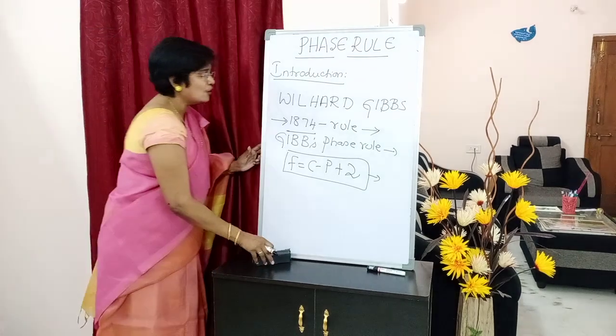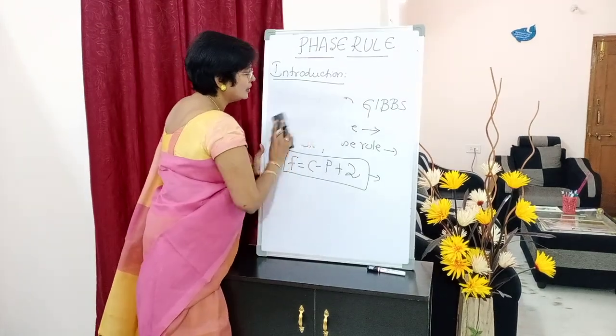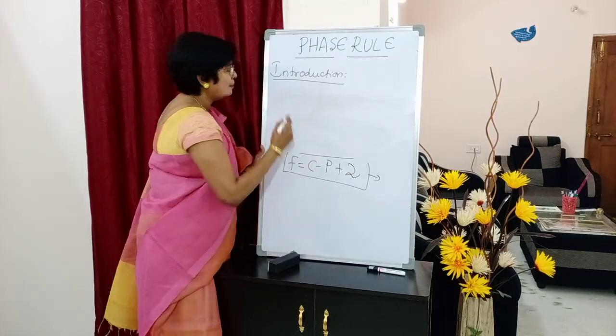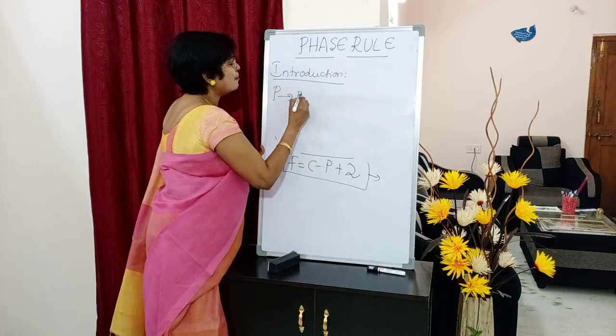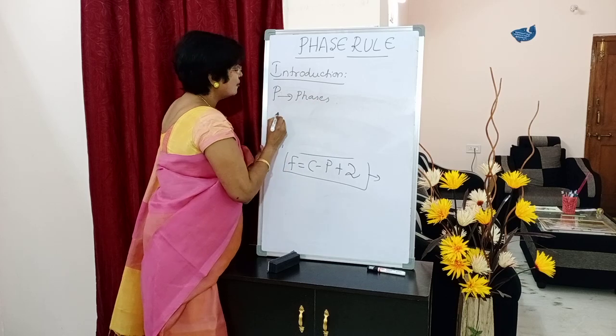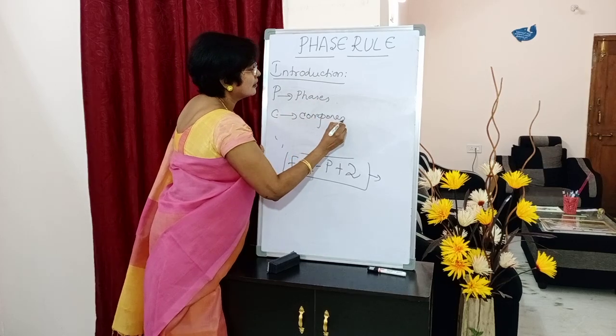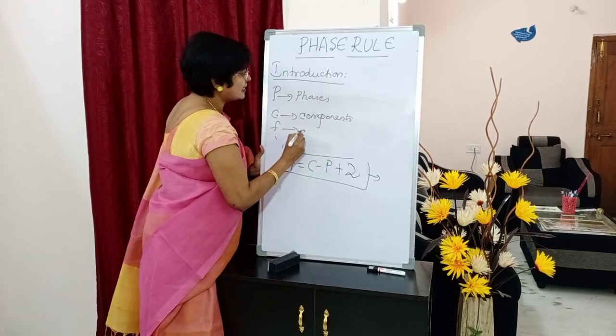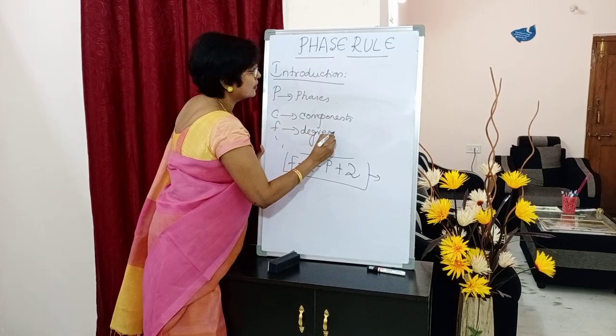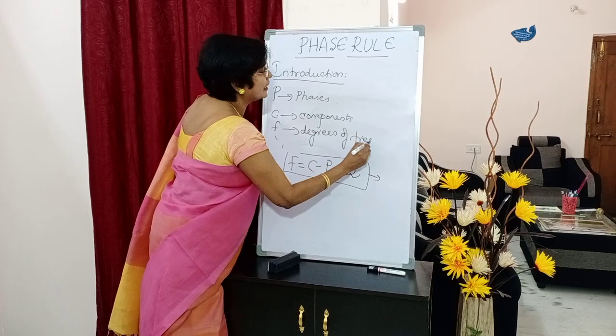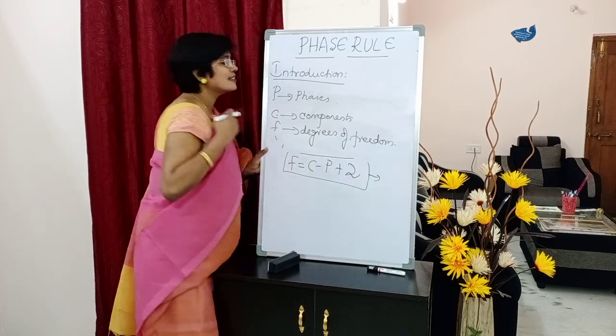Where P is number of phases, where C is number of components, and where F is number of degrees of freedom. Okay, students?